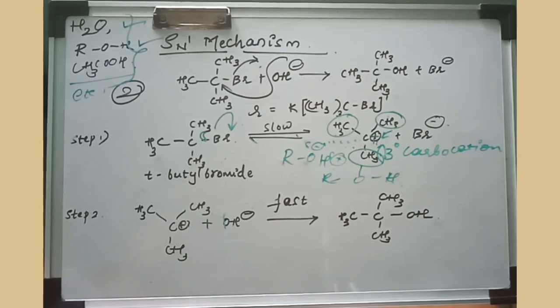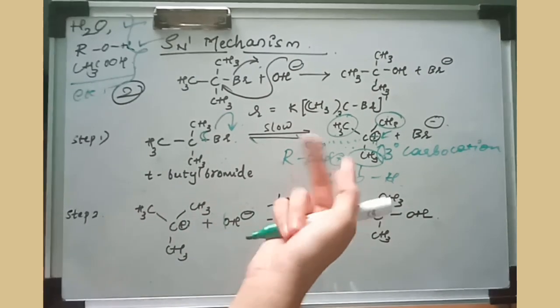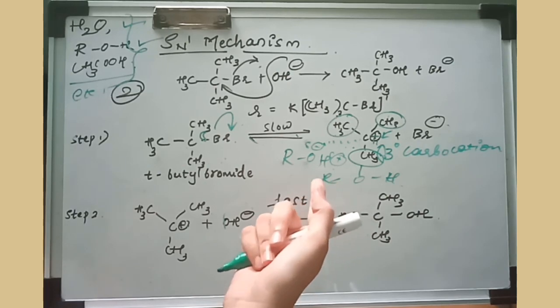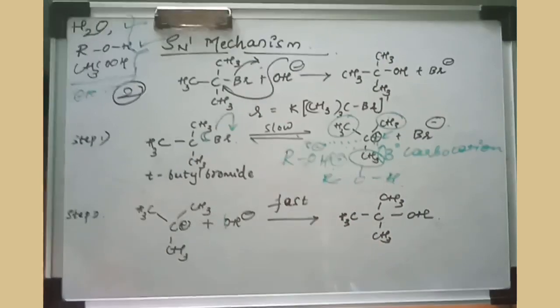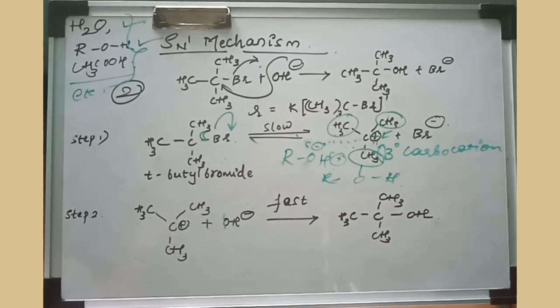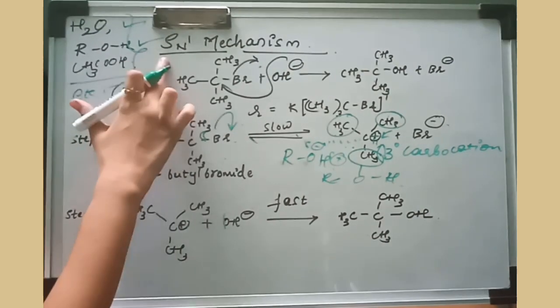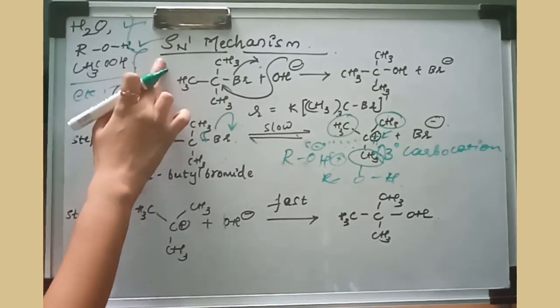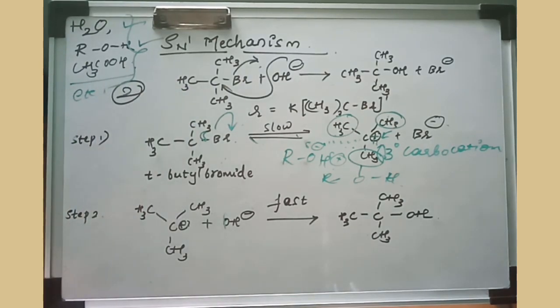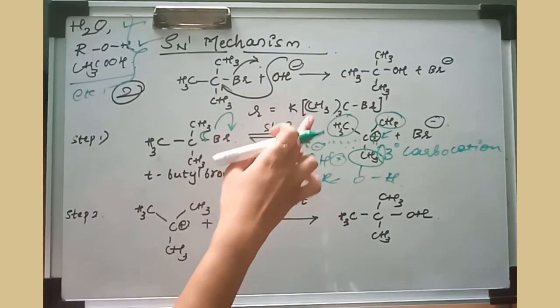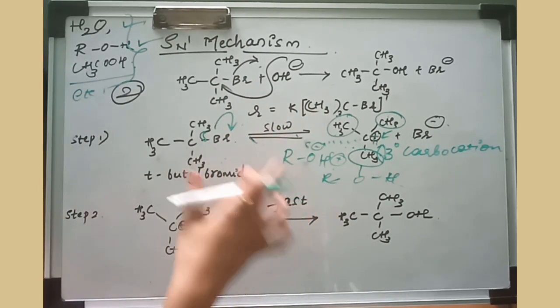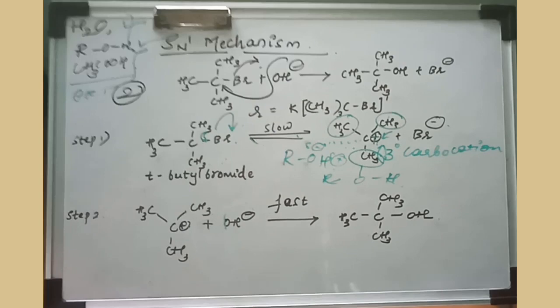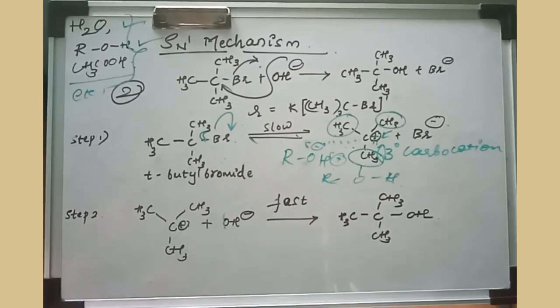The second step is the fast step. As soon as the first intermediate carbocation is formed, it will react with the nucleophile and the reaction will take place. Okay, so some important things you have to remember here: SN1 is a unimolecular substitution reaction where the molecularity is 1. Since the rate of the reaction is influenced by the concentration of only the reactant molecule, that is the alkyl halide, it is a first order reaction, and it involves 2 important steps.